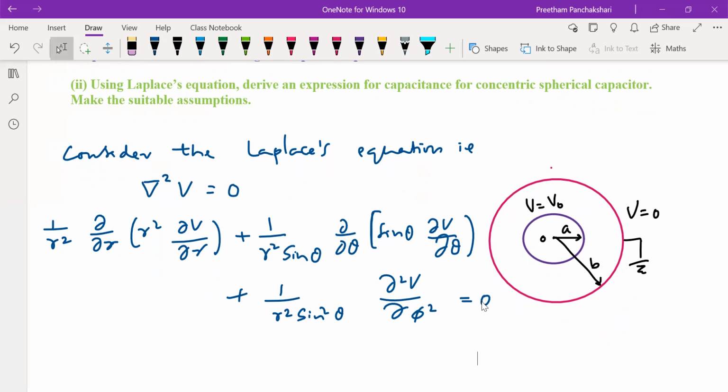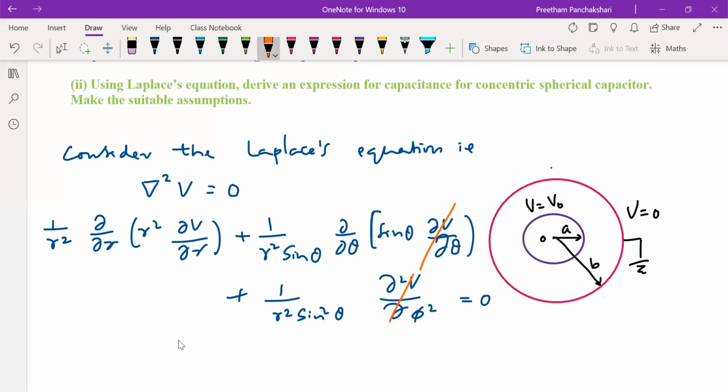But from the discussions of the boundary conditions, we can say that potential V is a function of radius r only. The potential doesn't change with respect to theta. So dou V by dou theta becomes 0. Dou V by dou phi also becomes 0.